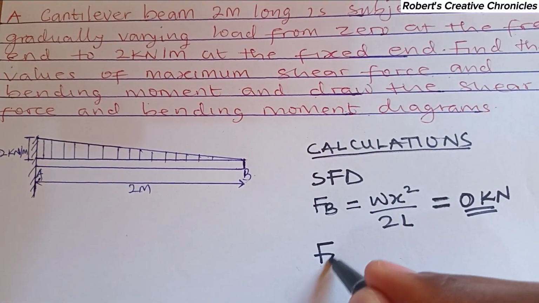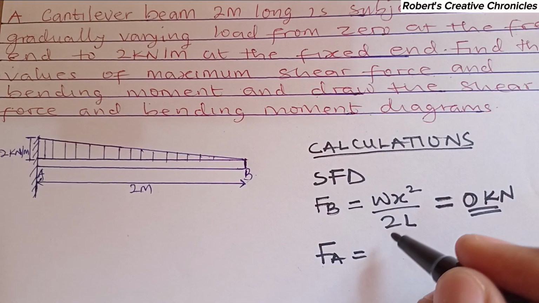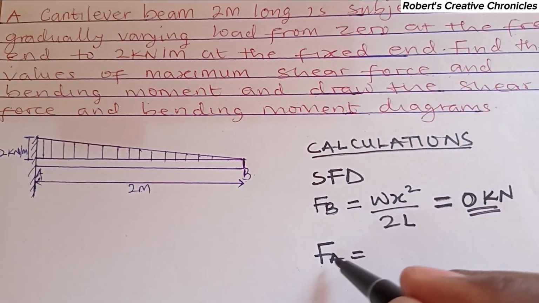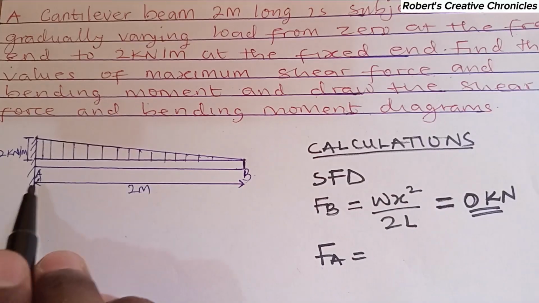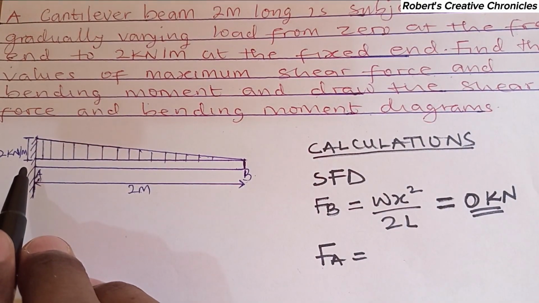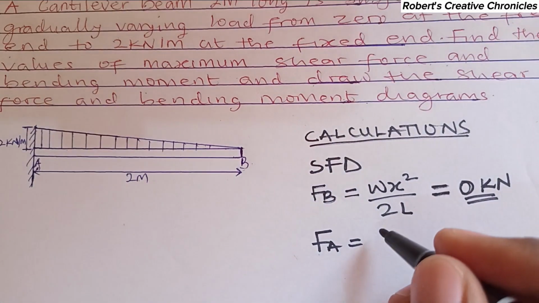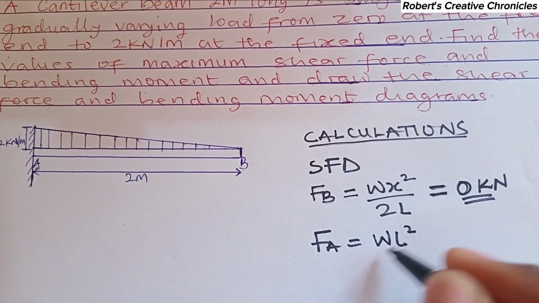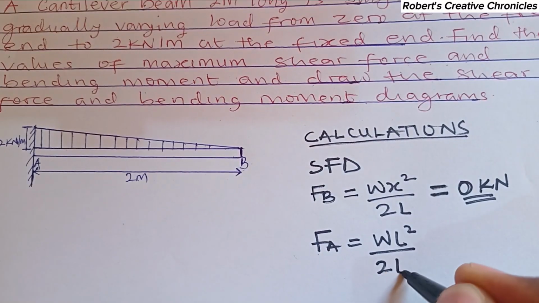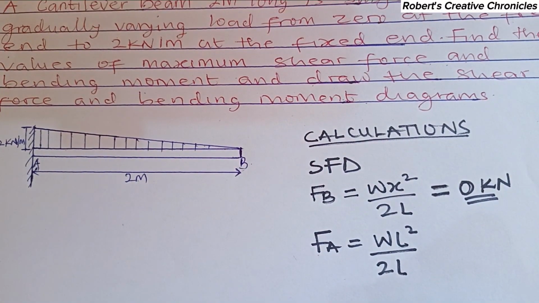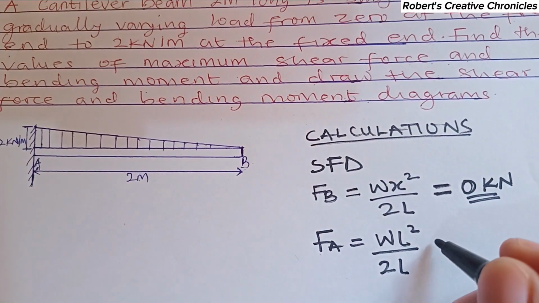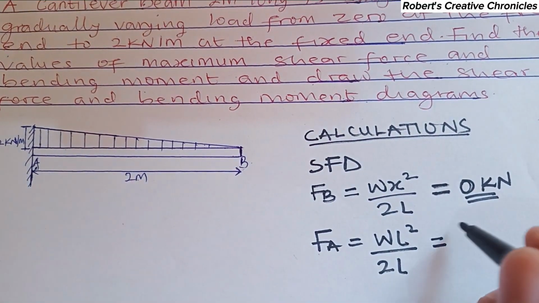So the shear force then at point A, X becomes L. So the formula now becomes WL squared over 2L. So L reduces to what?